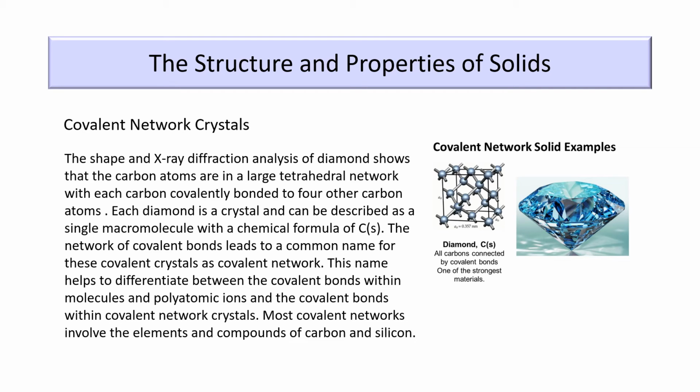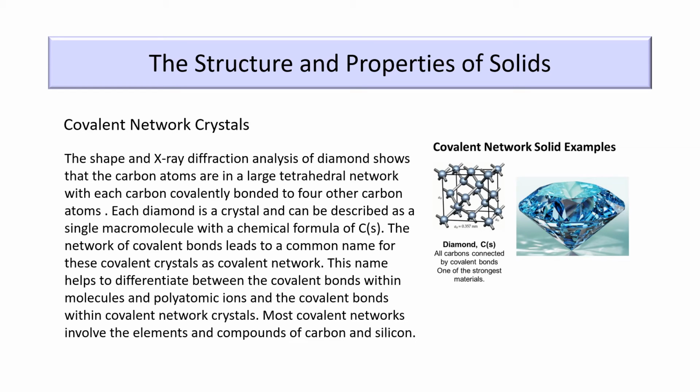Each diamond is a crystal and can be described as a single macromolecule with a chemical formula of C(s). The network of covalent bonds leads to a common name for these covalent crystals as covalent network.